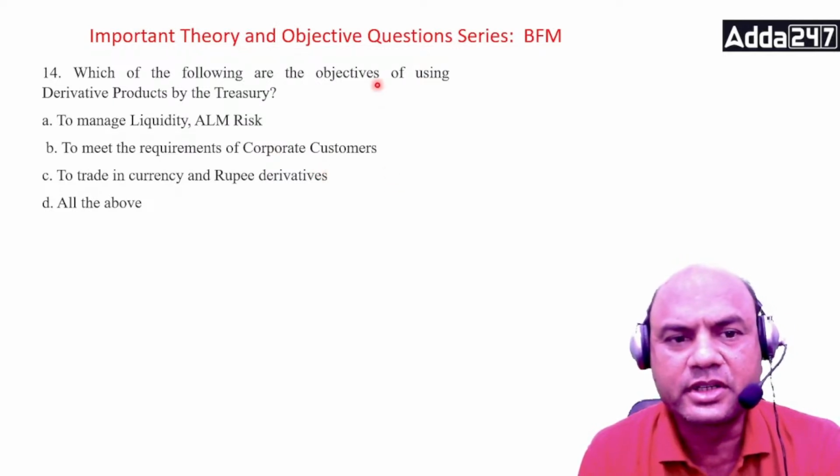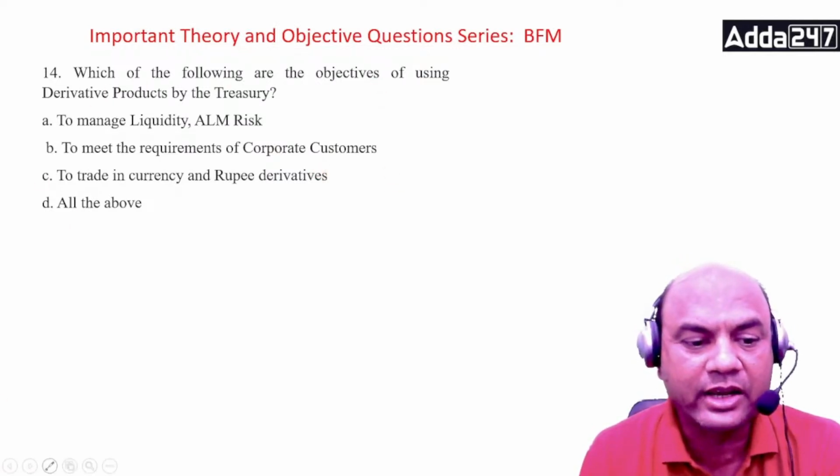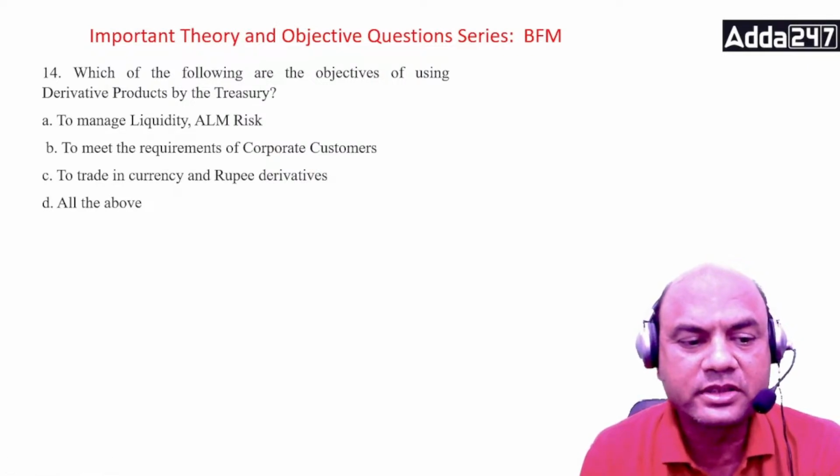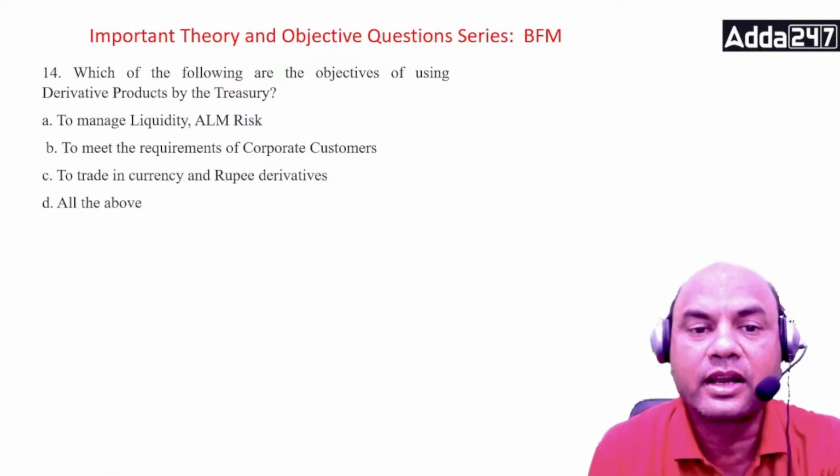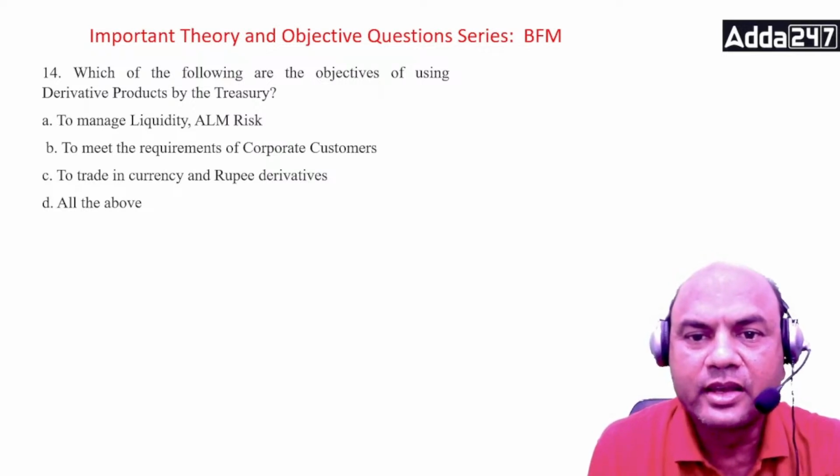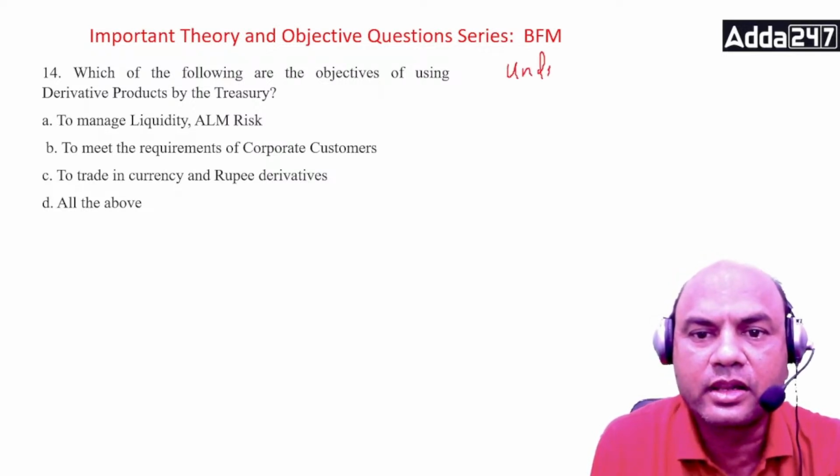What are derivatives? Derivatives means, look at this word, it is derived. Derived means it is derived from an underlying, that's called a commodity. We call it underlying.